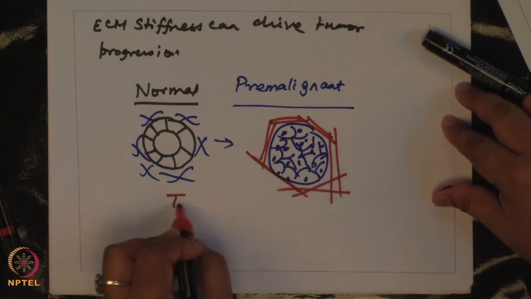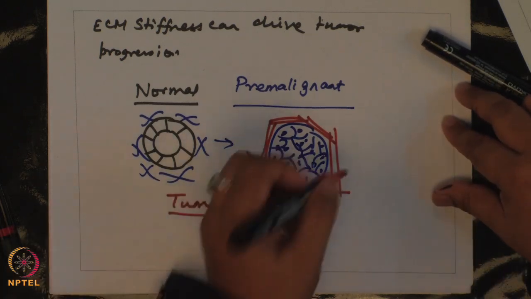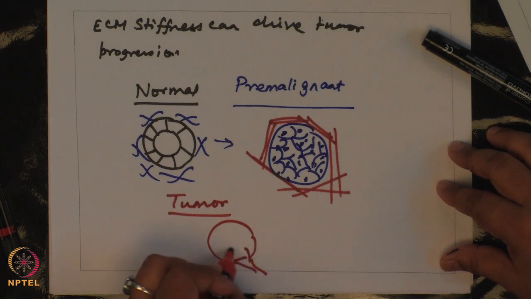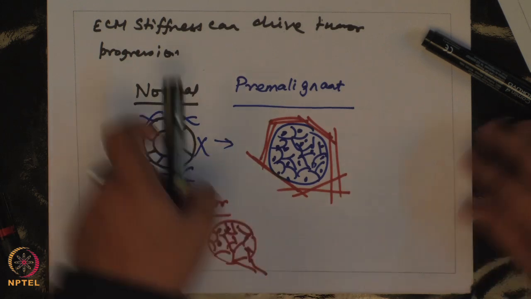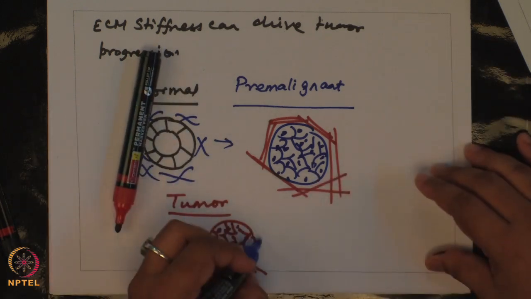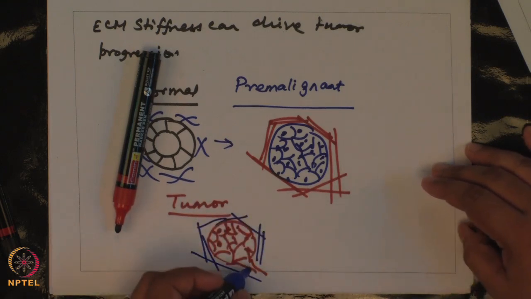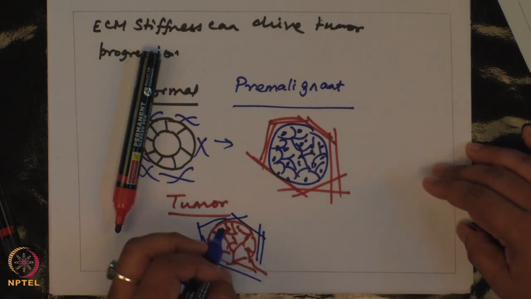And in case of tumor, this basement membrane gets breached and the cells start to invade. They breach the basement membrane and they start to invade.